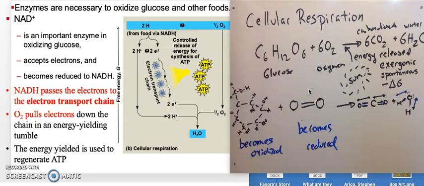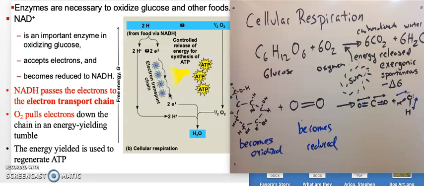Remember, in cellular respiration, oxygen becomes reduced. Oxygen gains electrons. Write this down. Oxygen is the final electron acceptor during cellular respiration. So oxygen works like gravity in our little hydroelectric system here. Without gravity pulling the water down, without oxygen pulling the electrons down, the water wouldn't flow and the turbine wouldn't turn, and we wouldn't be able to release the energy.